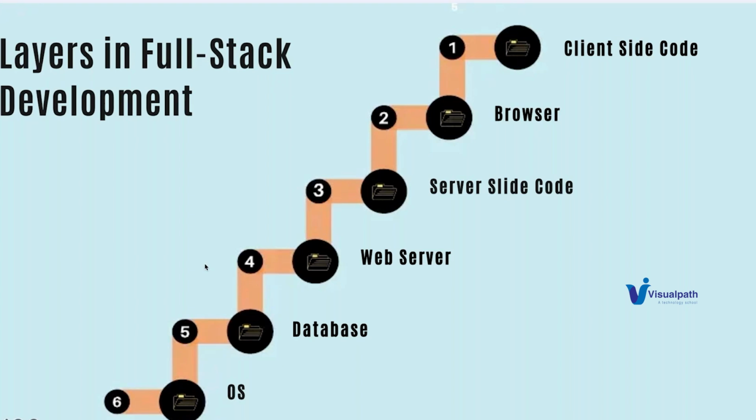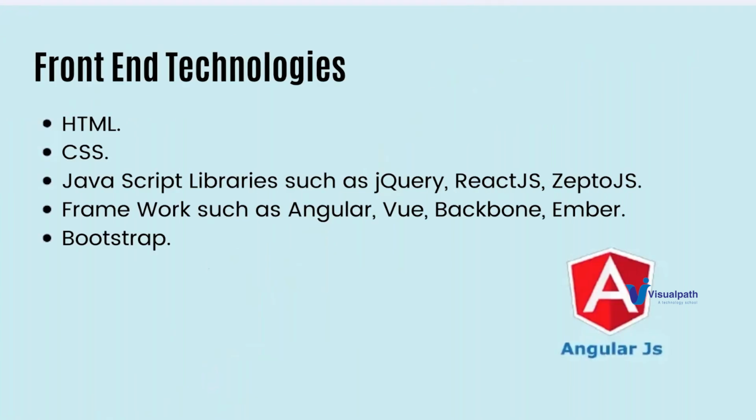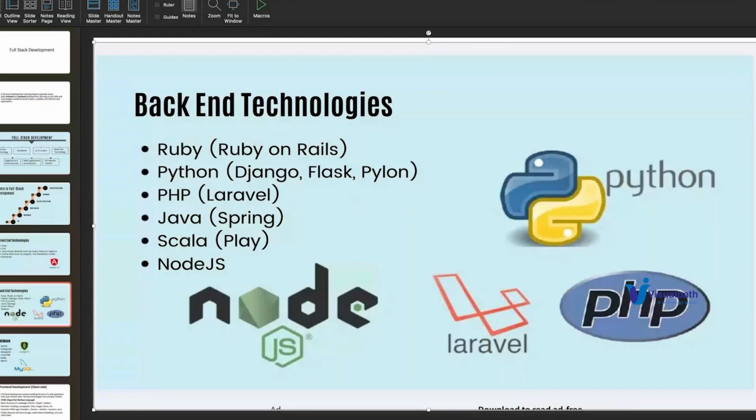So let's see what front end technologies we have. Front end technologies are HTML, CSS, then JavaScript libraries such as jQuery and React. Then you have different frameworks such as Angular, Vue, Backbone, and you have Bootstrap. Now we'll see what backend technologies we have.